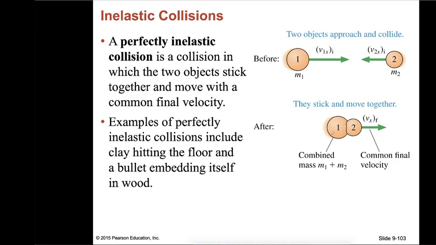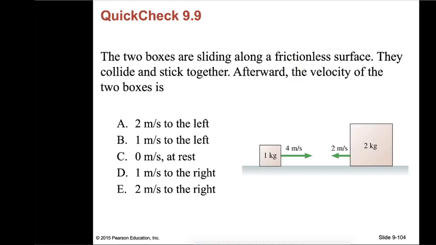That's inelastic collision. Two boxes are sliding along a frictionless surface. They collide and stick together. Afterward, what is the velocity of the two boxes? Can you do the calculation? The key is still the law of conservation of momentum. You need to remember delta P doesn't change.